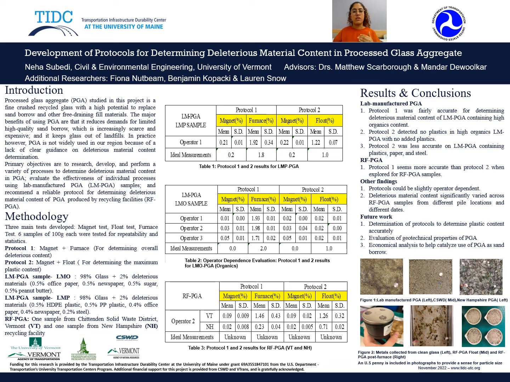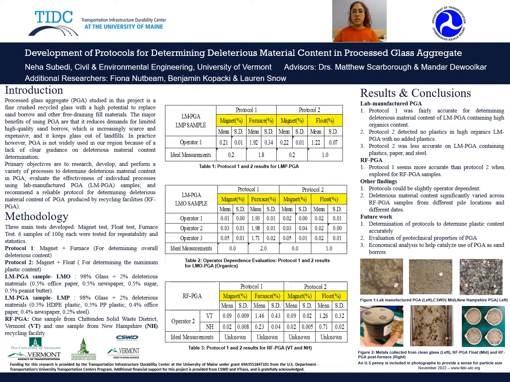Then we carried out various tests on each deleterious materials individually. We then finally narrowed all the tests down to 3 main tests: magnet test, furnace test, and flow test. We determined the efficiency of those tests by repeating them on every deleterious materials, as well as the PGAs supplied by recycling facilities, that is RFPGA, in order to ensure that they can be easily carried out at recycling facilities.